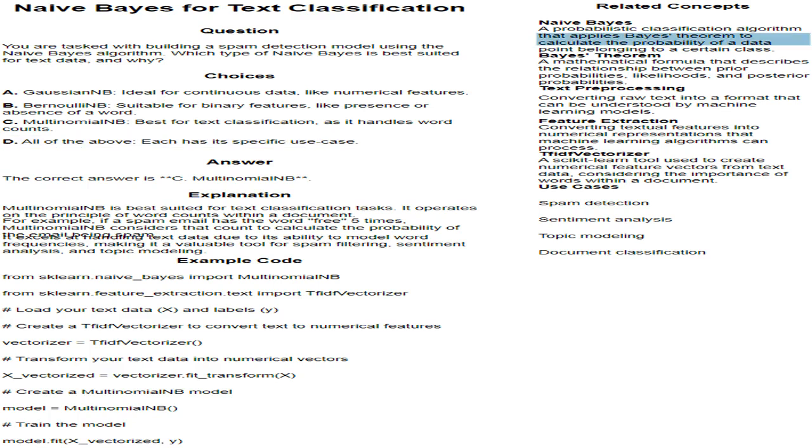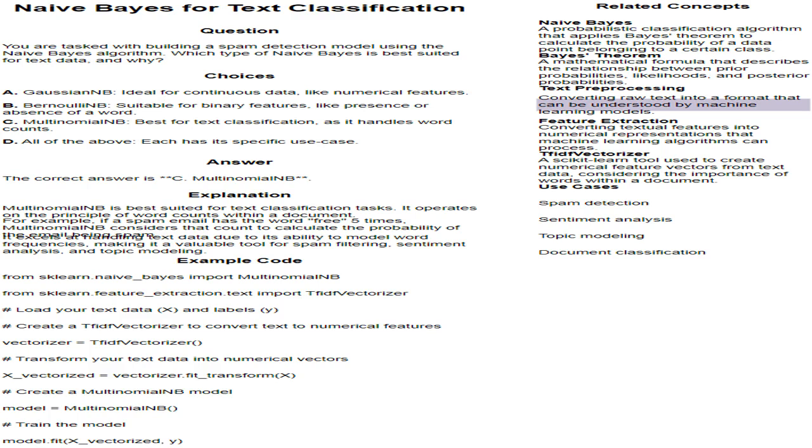Naive Bayes: a probabilistic classification algorithm that applies Bayes' theorem to calculate the probability of a data point belonging to a certain class. Bayes' theorem: a mathematical formula that describes the relationship between prior probabilities, likelihoods, and posterior probabilities.